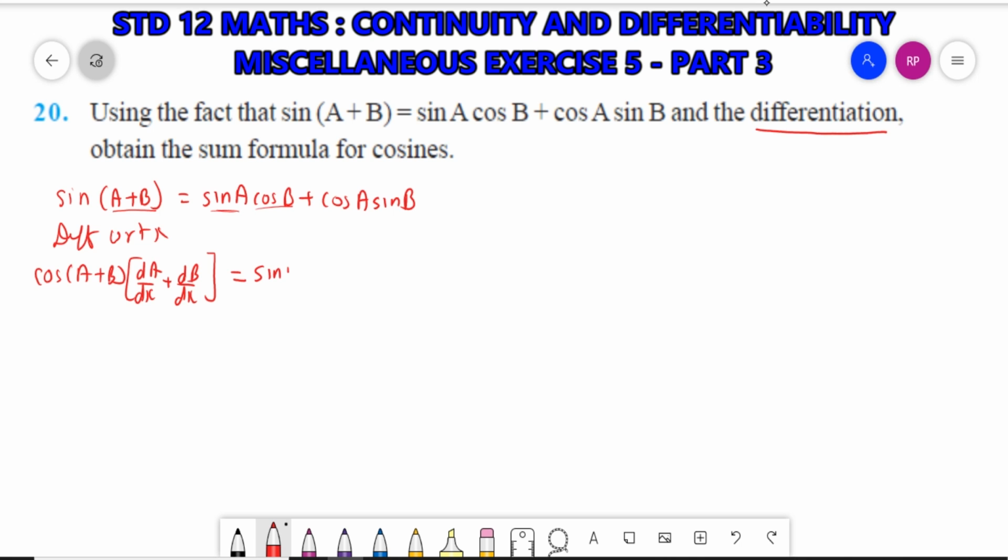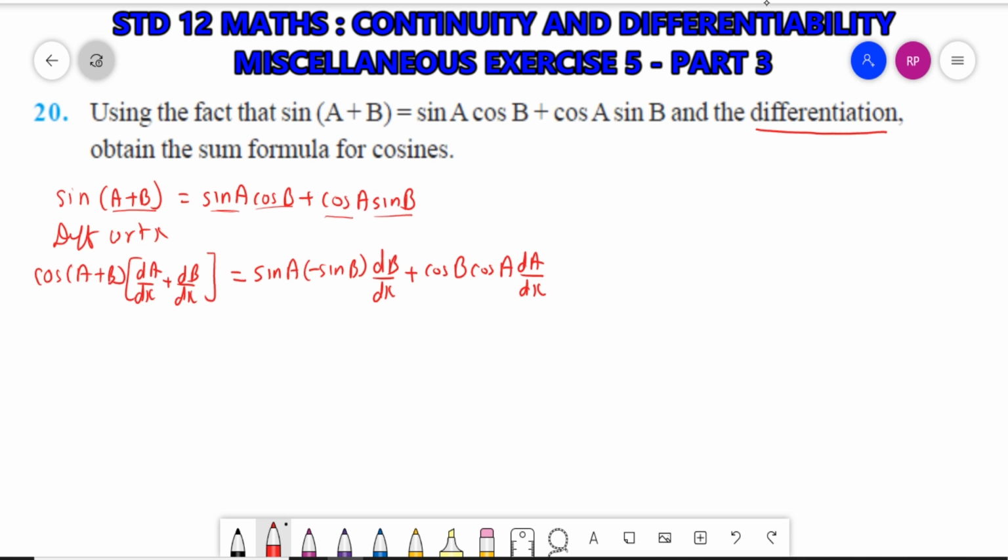Sin A as it is, derivative of cos B, that is minus sin B into dB by dx, plus cos B as it is, derivative of sin A is cos A into dA by dx. Clear? Now for this one.